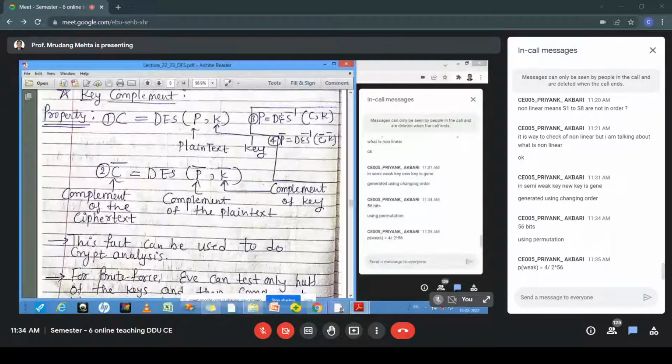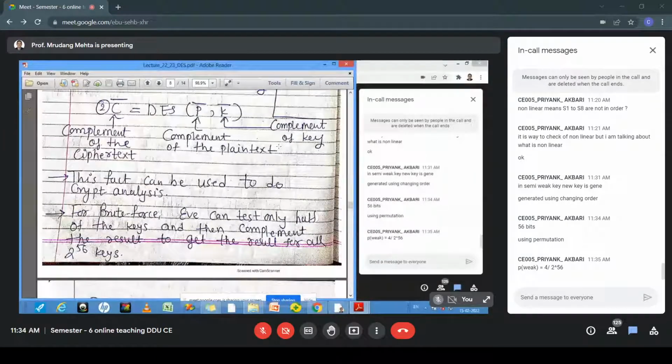Okay. And similarly on the inverse side, if you apply ciphertext and key over DES inverse, it generates P. So if you take the complement of the ciphertext, and the complement of the key, and apply DES inverse, it generates the complement of the plaintext. Okay.